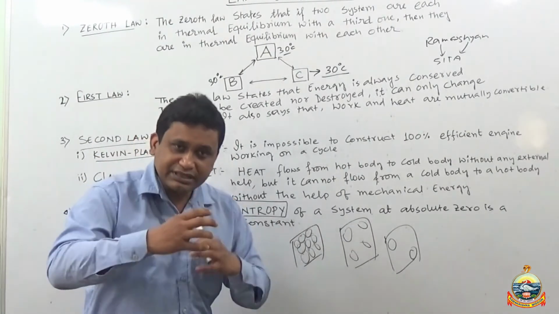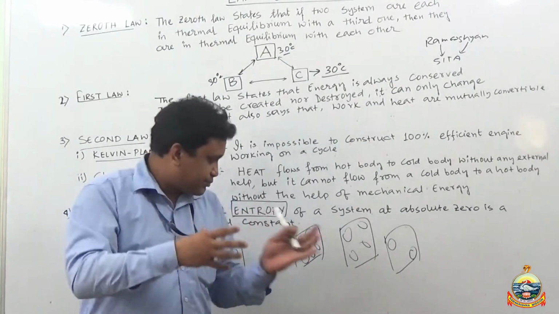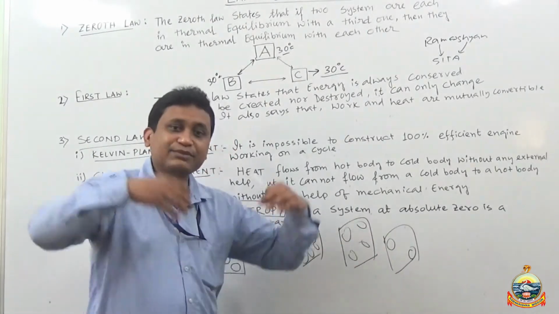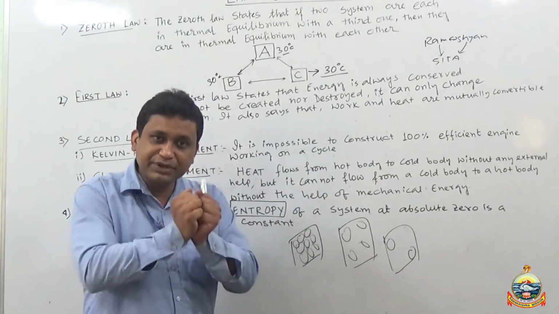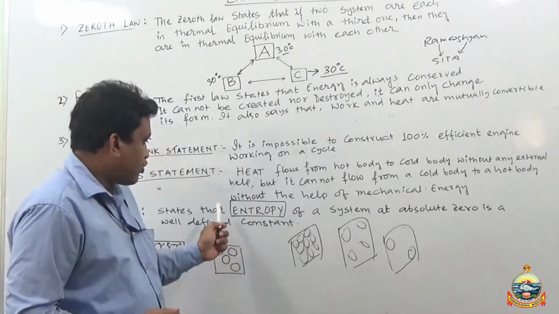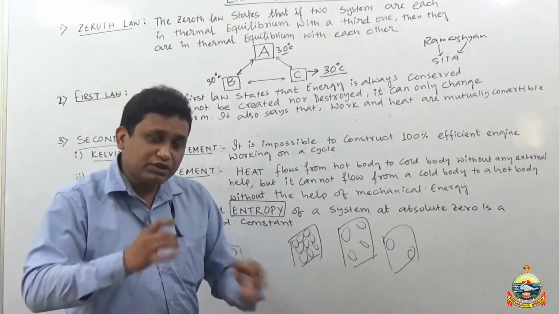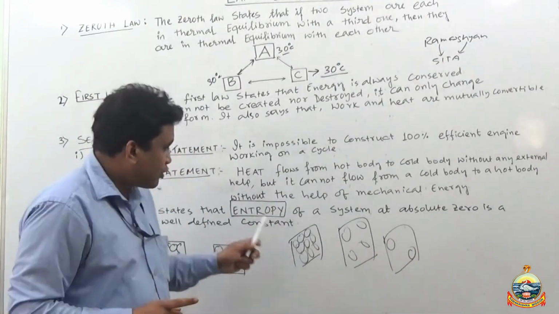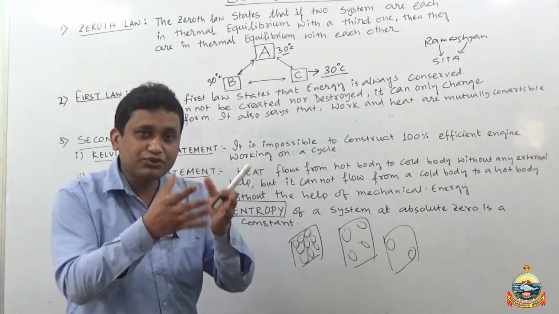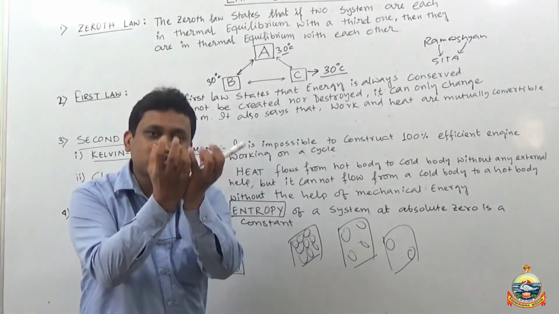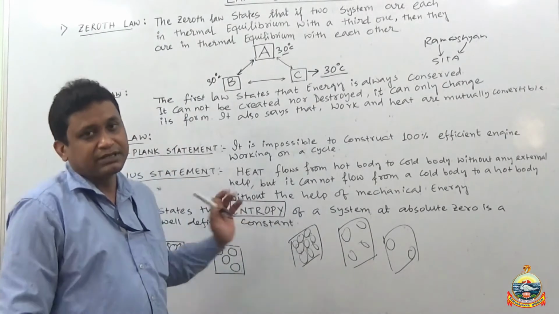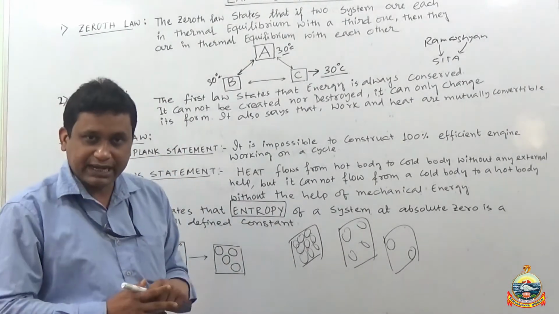In a liquid they move maintaining some distances, in a gas they move maintaining more distance, but in a solid they generally vibrate in their position. This movement of molecules is called entropy. So, when the entropy of the system at absolute zero remains constant, or when they stop moving, that is the third law of thermodynamics, okay.